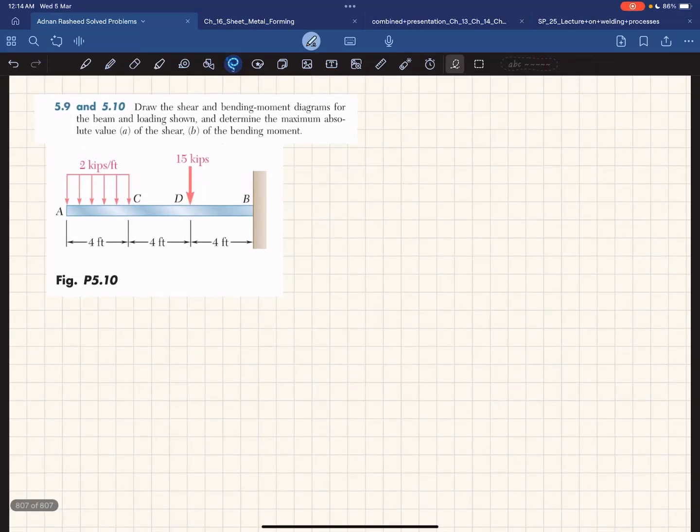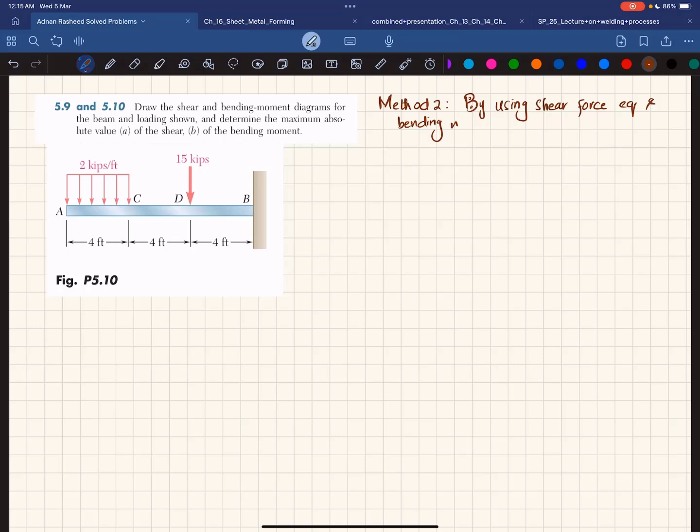So in method 2, the method is by using shear force equation and bending moment equation. Once we get the shear force equation and bending moment equation, then we will draw the shear force and bending moment diagram.